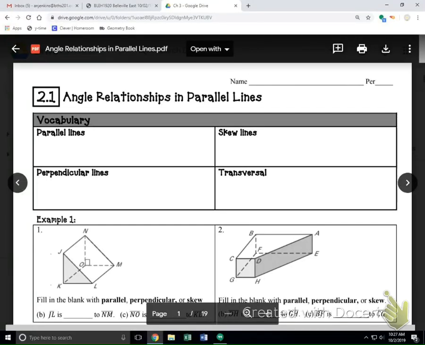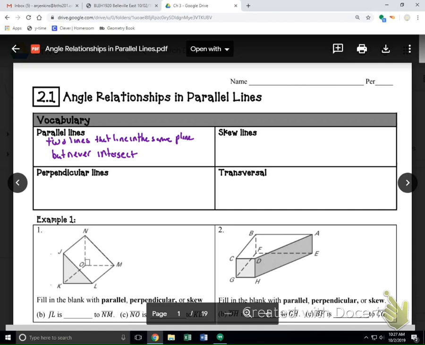Part of this is what's the definition of a parallel line, Yusuf? Two lines that lie in the same plane. Same plane, but never intersect. Okay, next one up was skew. Does somebody want to volunteer for skew?